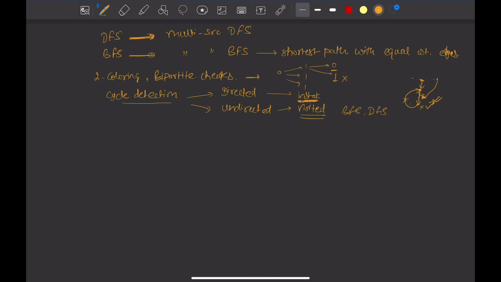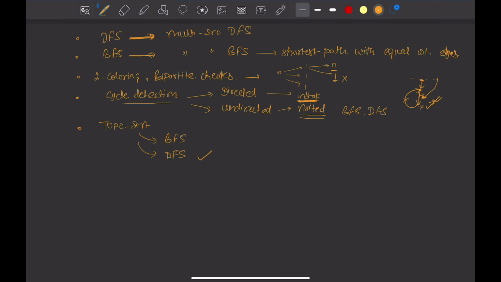Yeah. So what else? After DFS, BFS, cycle detection and two coloring, I solved a few problems on the topological sorting. Topological sorting can be done using BFS or using the DFS. I think DFS one was much simpler. When I'm done with the processing of the node, I push it in the ordering vector.